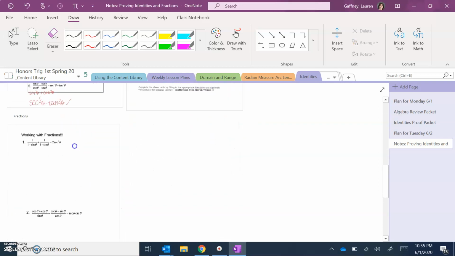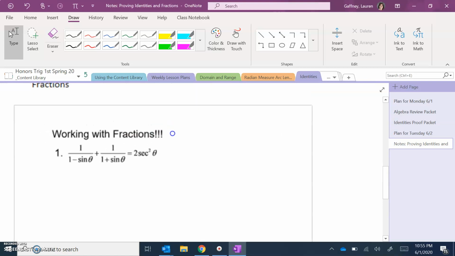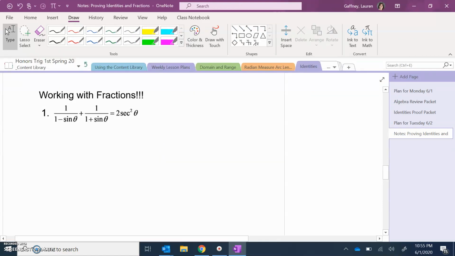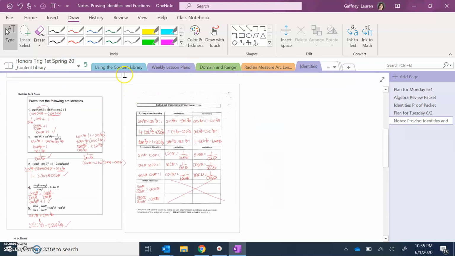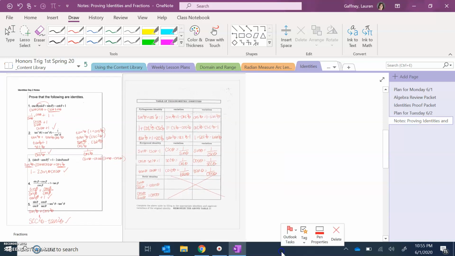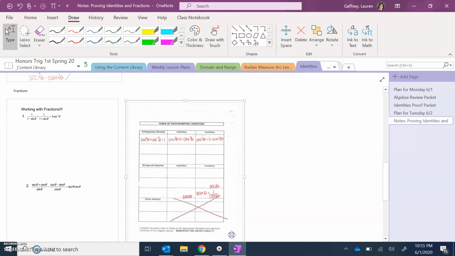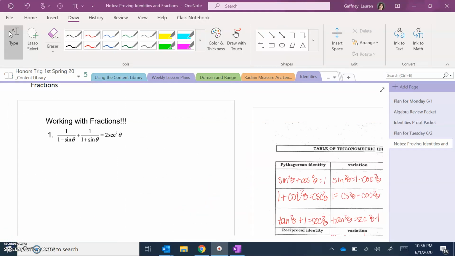Okay. Now, these are different types of examples. I'm going to break these into the fraction idea. Let me move down so we can keep seeing it. Oh no. So I got the chart down here.